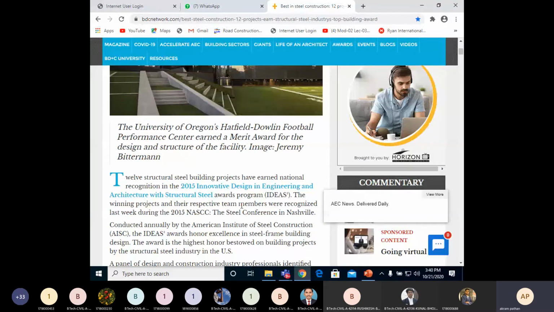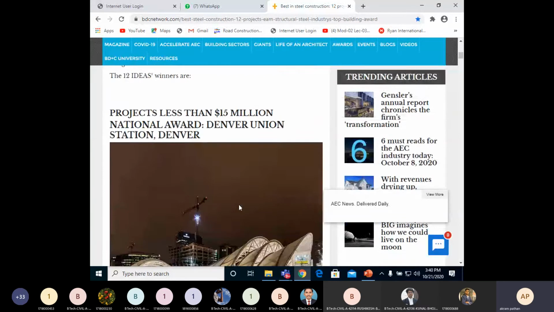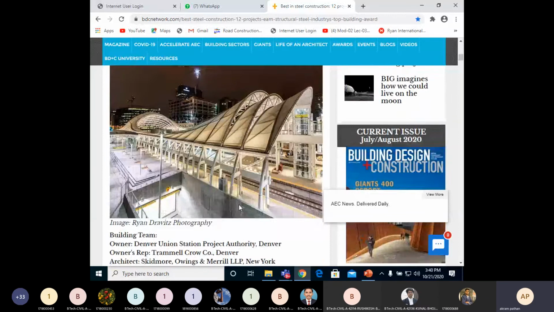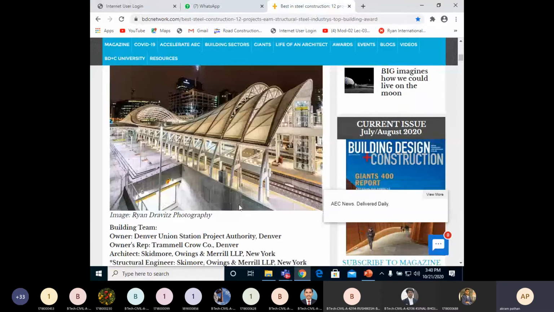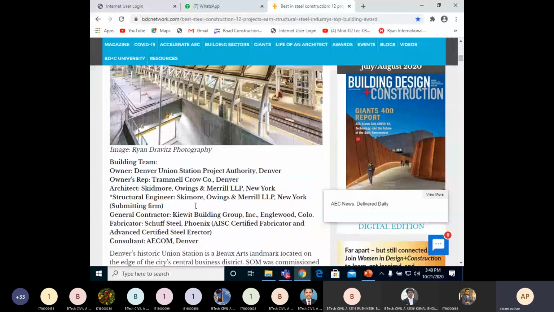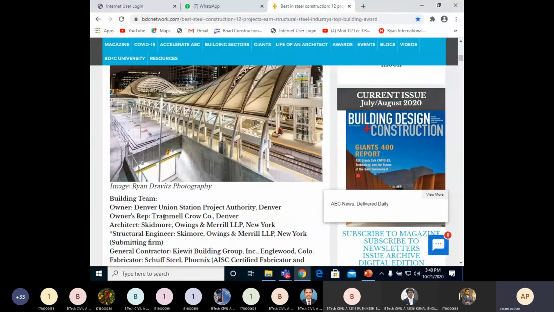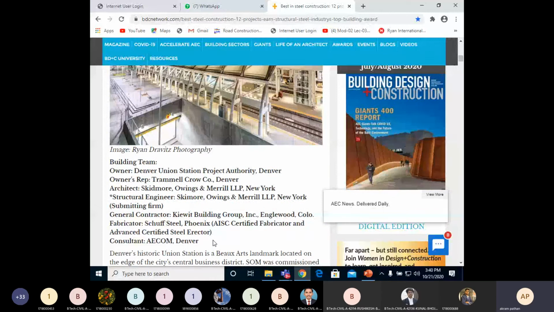Now, this is another important project, Ryan Daverty's. The building name, owner, and all the details are given here: the structural designer, the general contractors, and the consultant.